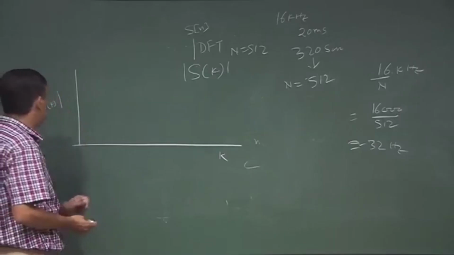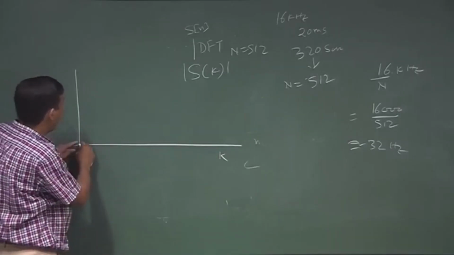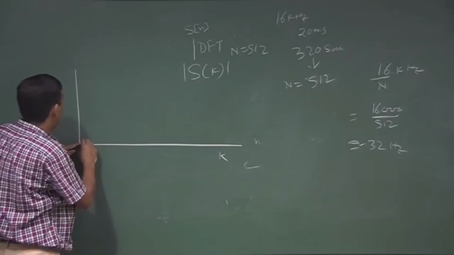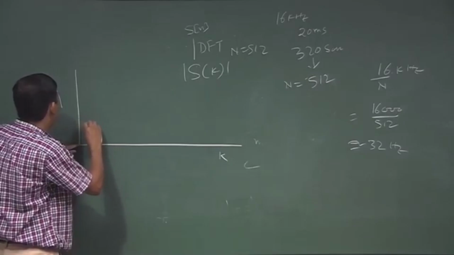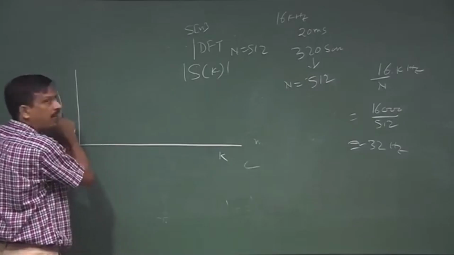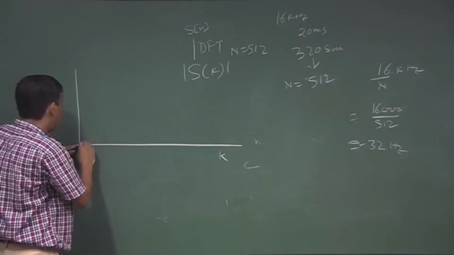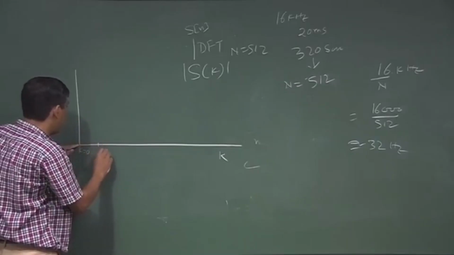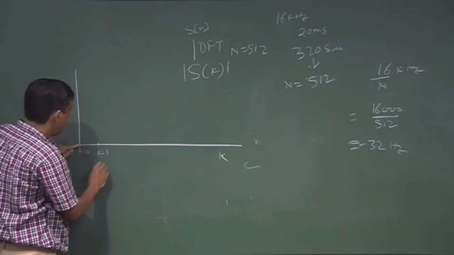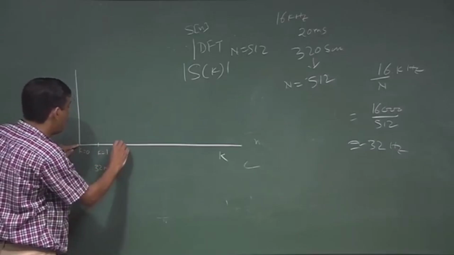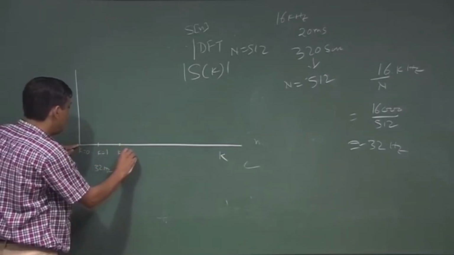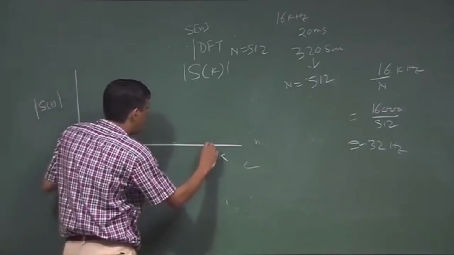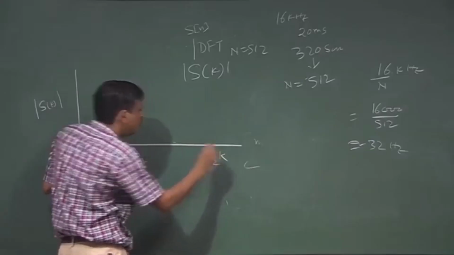Here k equal to 0, then k equal to 1, which means 32 hertz, k equal to 2 means 64 hertz, and so on up to n by 2.